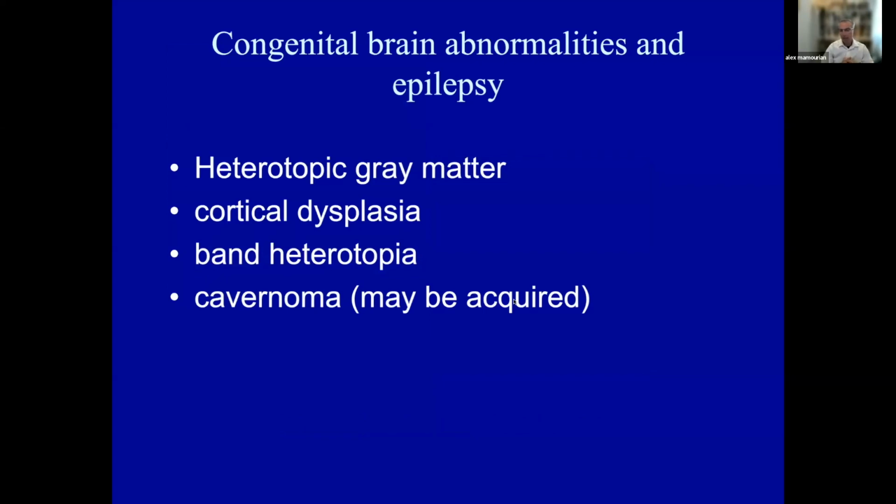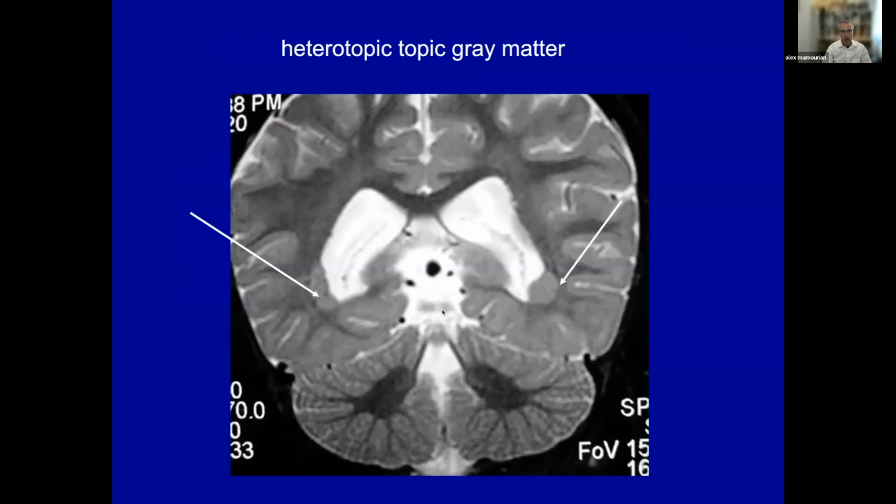In these last few minutes, I want to touch briefly on congenital brain abnormalities, which may be more relevant to some of you that see a pediatric population of epilepsy. And so I'll touch on these topics of heterotopic gray matter, cortical dysplasia, band heterotopias, which is a migrational abnormality, and we mentioned cavernoma.